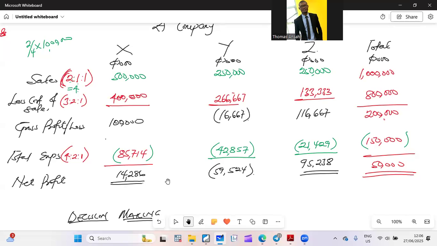So, if you are to assess the performance of these three departments, what would you say? Random names. Nora, what would you say? Yes, I'm listening.